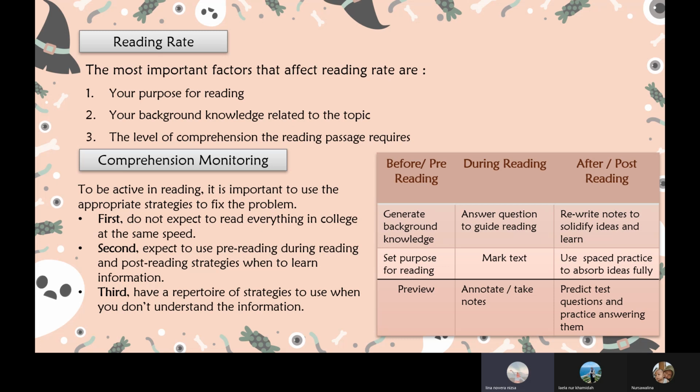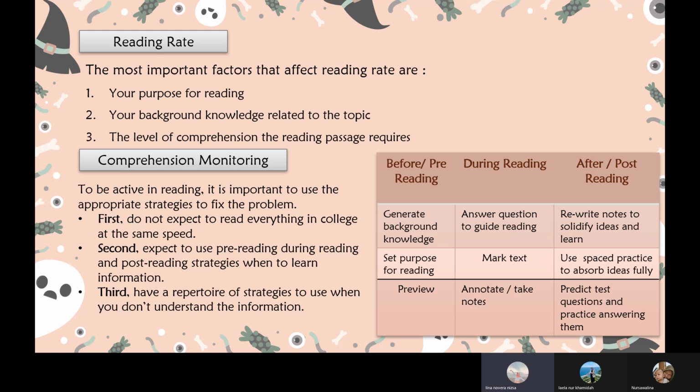And about comprehension monitoring, to be active in reading, it is important to use the appropriate strategies to fix the problem. You have to know what to do about not understanding what you are reading to begin to grasp the ideas. First, do not expect to read everything in college at the same speed.